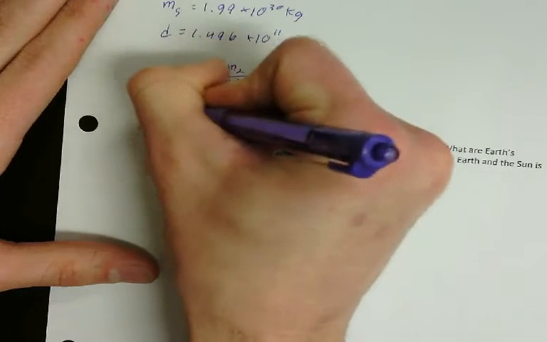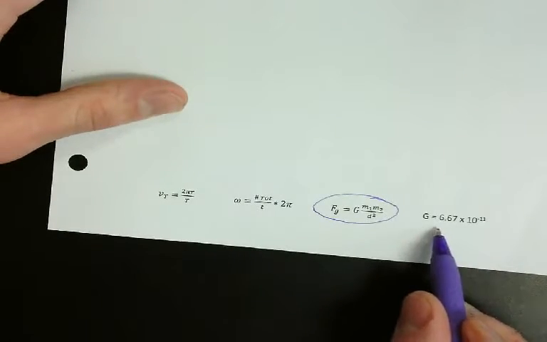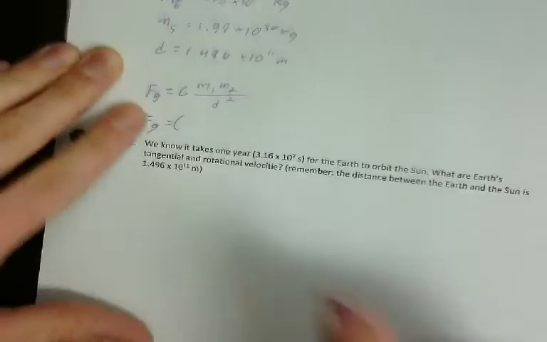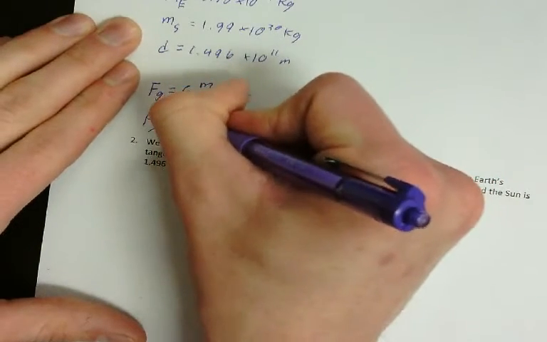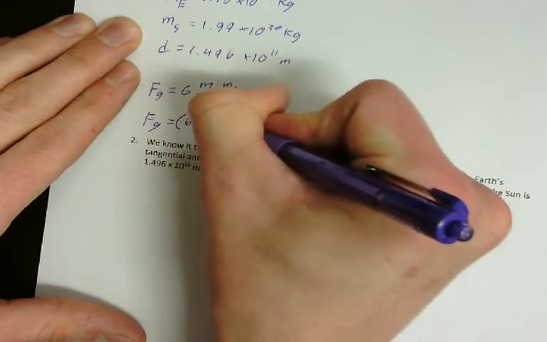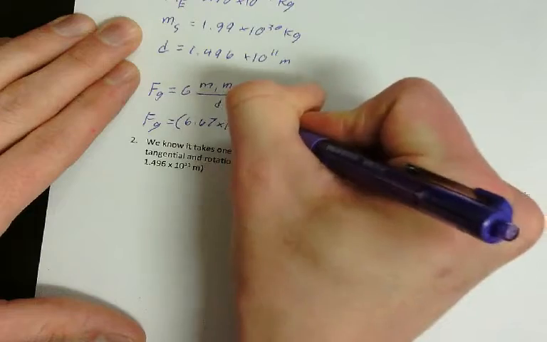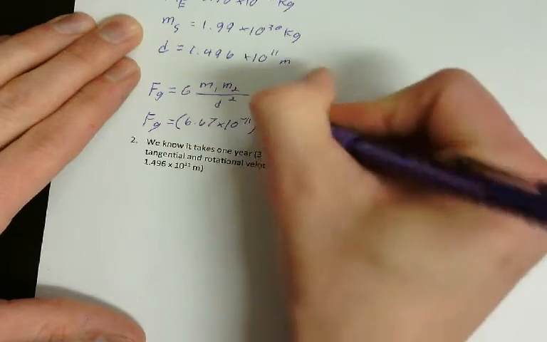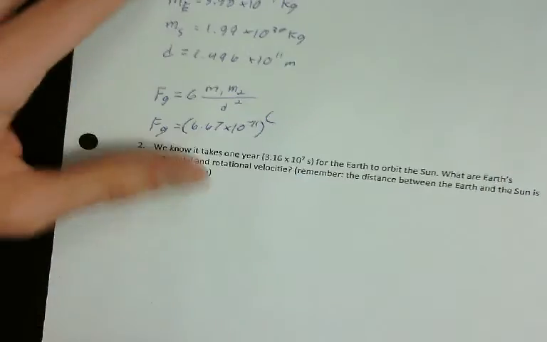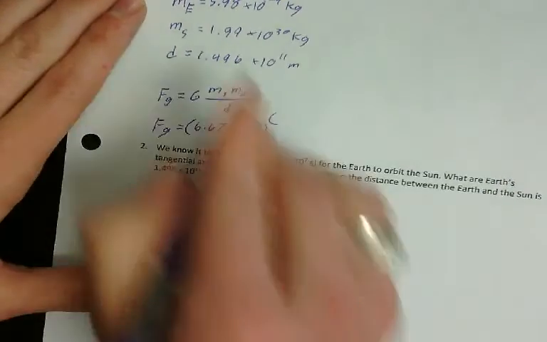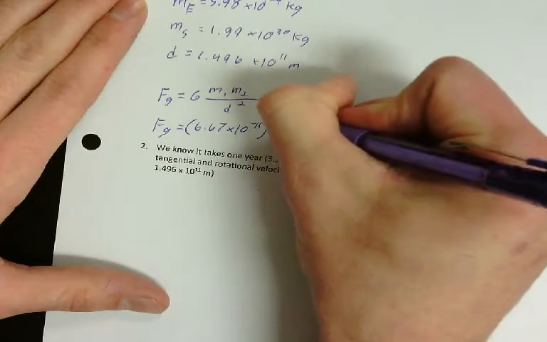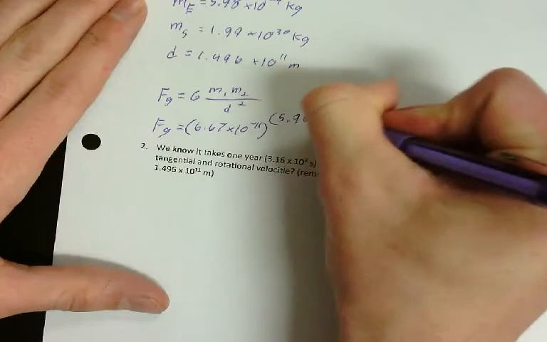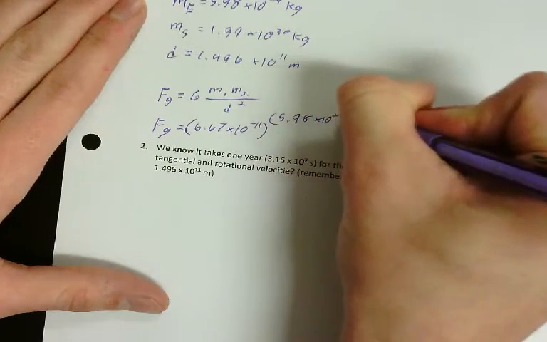So when we plug the numbers in, big G is a given constant. It's this number here, 6.67 times 10 to the negative 11th. M1 is just one of the masses. It doesn't matter which it is. Let's use mass of the Earth, 5.98 times 10 to the 24th.